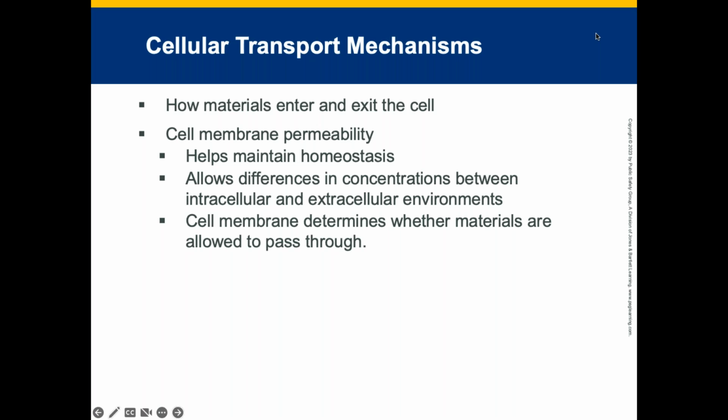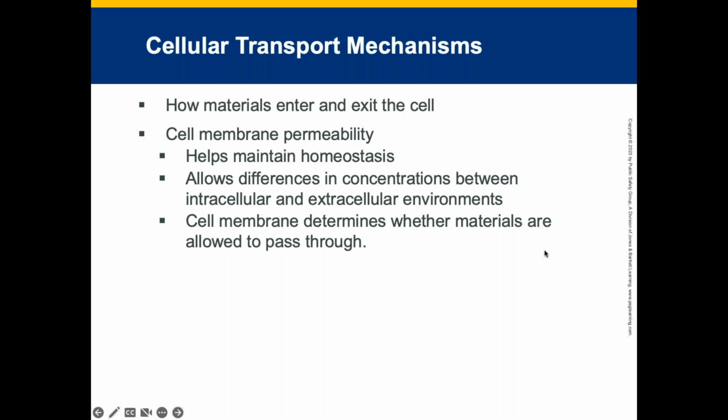This allows differences in concentration between intra and extracellular environments. So the difference in concentration of a substance on either side of the cell membrane is called the concentration gradient. And we're going to talk about how things move from one to the next. The cell membrane determines whether materials are allowed to pass through.